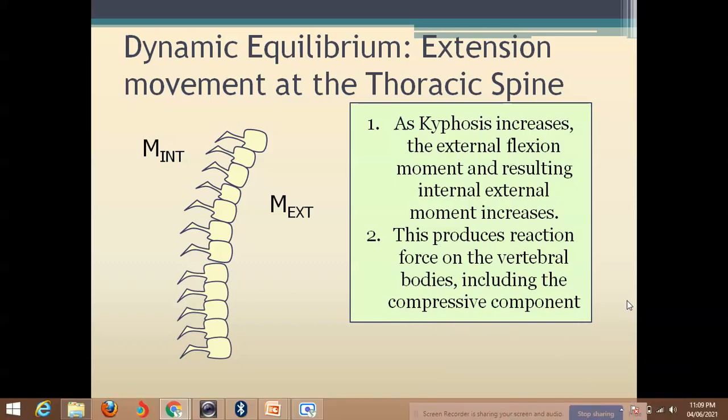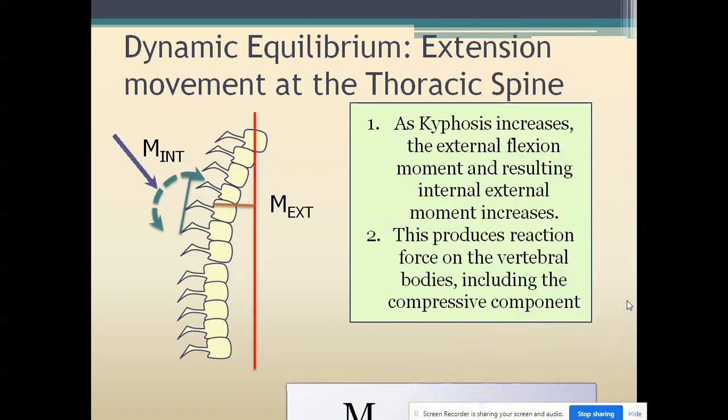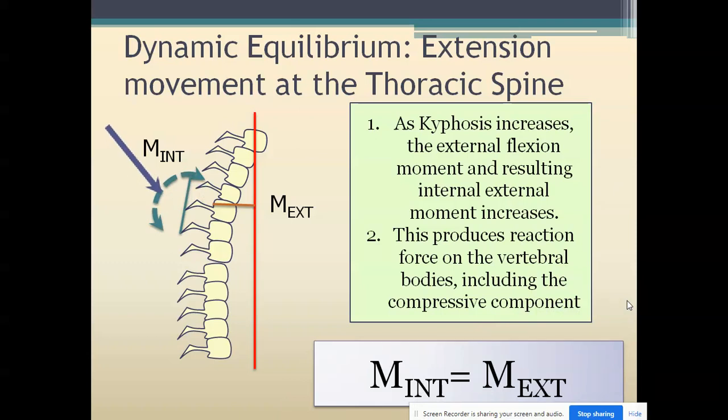Let's look at how the formula is written. We know that it is dynamic equilibrium. To avoid falling, the brain detects the movement so that the body should not fall. Hence, MEXT, that is movement produced externally, should be equal to movement produced internally. That is your dynamic equilibrium during extension movement.